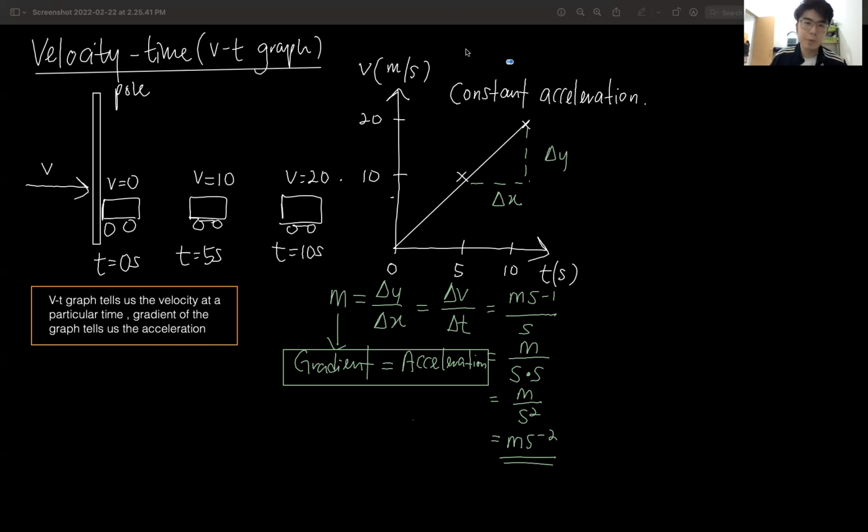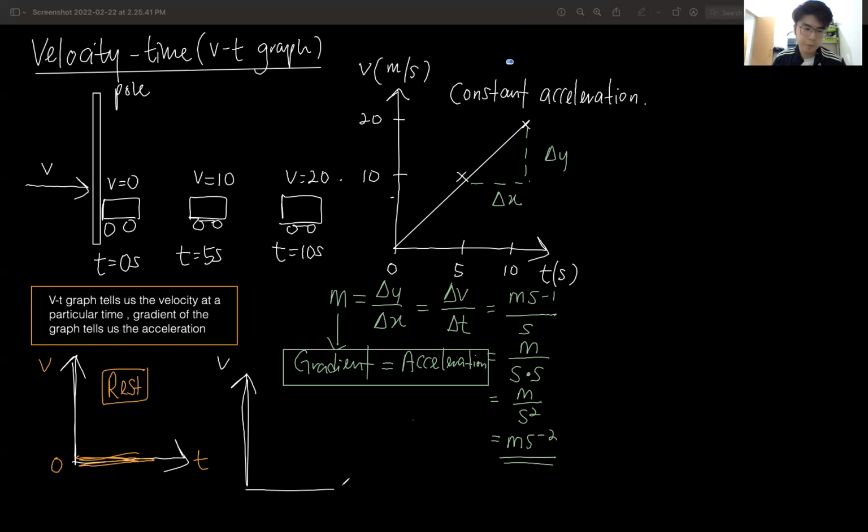Now, the difference between the same shape but different graph, ST and VT. Okay, we do the same shape on the x-axis. It's VT. What does it mean? This one is at rest, because it's zero velocity. Now, what about if I move it up here? Okay, so here, positive 5. Over time, velocity stays the same, plus 5.